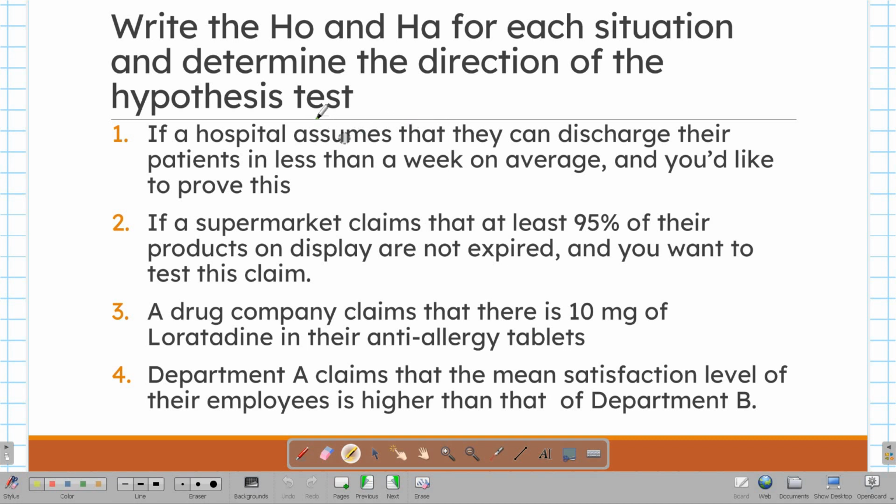Here the hospital assumes, so that's the claim, that they can discharge their patients in less than a week on average. So if we take a week as 7 days, then they're claiming that the average is less than 7 days.